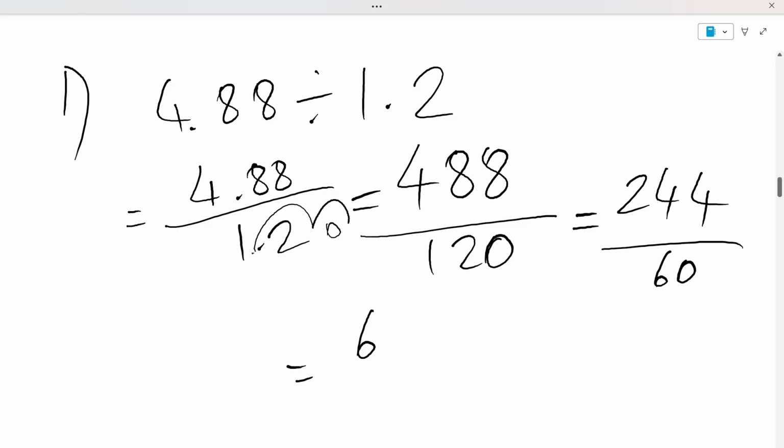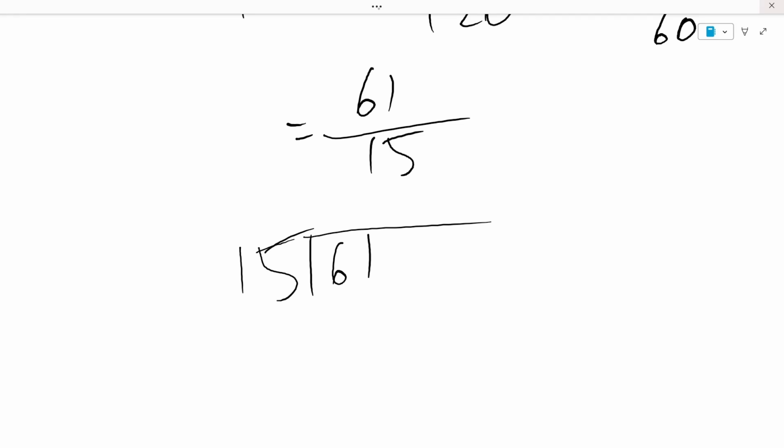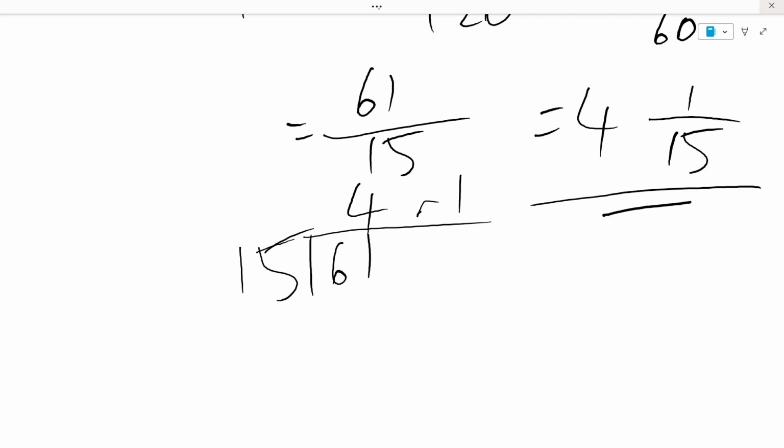In fact, we can do 4, but if you need to do 2 twice, that's fine. So I now have 61 over 30, and that can't be simplified anymore. So now I can do a bus stop, or do whatever, but 15 goes into 64 times, remainder 1, so the answer is 4 and 1 over 15, because there's one remainder there, and so there's your 15th of the way along to the next multiple of 15. We can do another one.